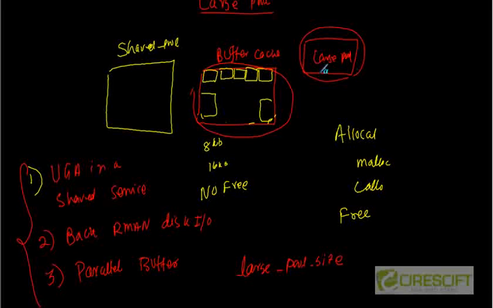The only difference is that in the buffer cache I allocate a very small amount of memory at a time, whereas in the large pool I allocate a large segment of memory. The second difference is that in the buffer cache I'm not going to free it, but in the large pool, after I finish the work, the memory allocation is freed. That is why I need the large pool.